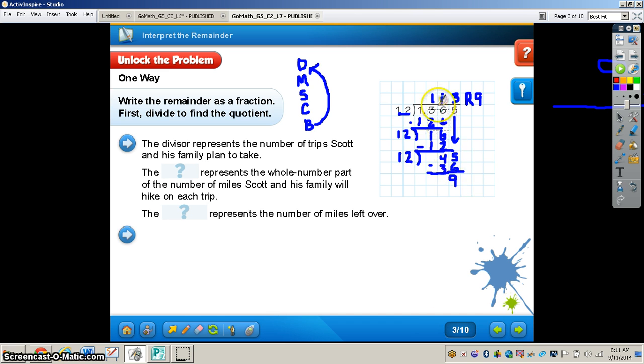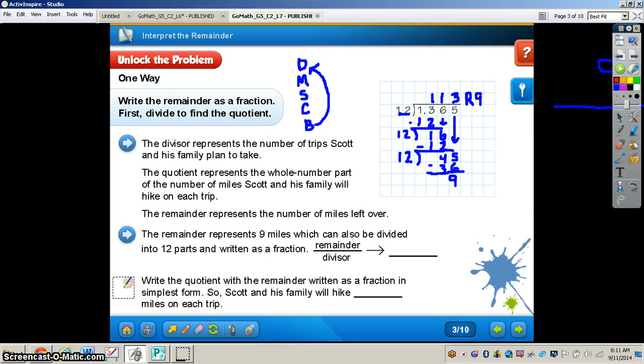The quotient, 113 remainder of 9, 113 represents the whole number part of the number of miles Scott and his family will hike on each trip. Okay, now finally the remainder, we need to figure out what that represents. The remainder here, remainder of 9, represents the number of miles that will be left over.